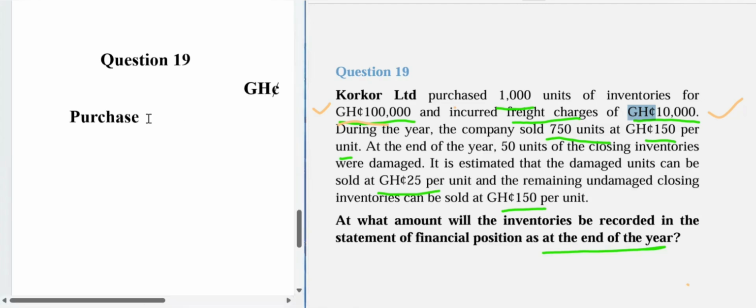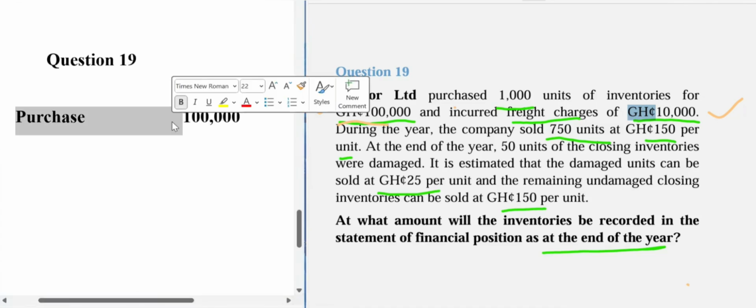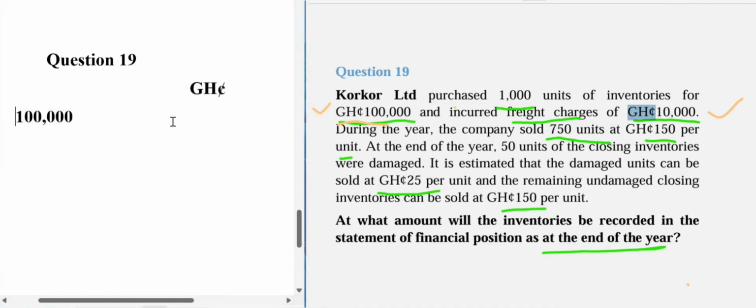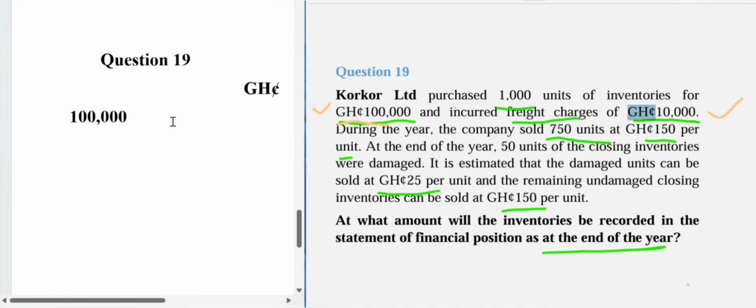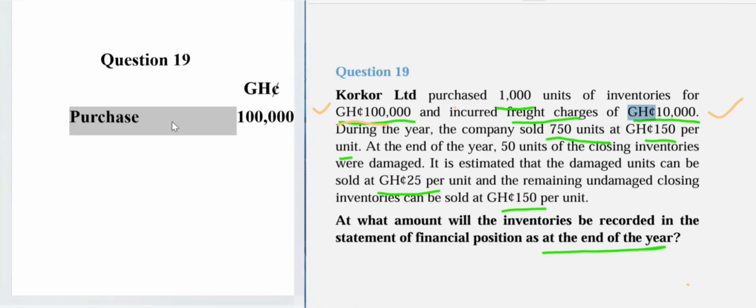Now, the purchase price in the question, they purchased it for 100,000 cedis, right?